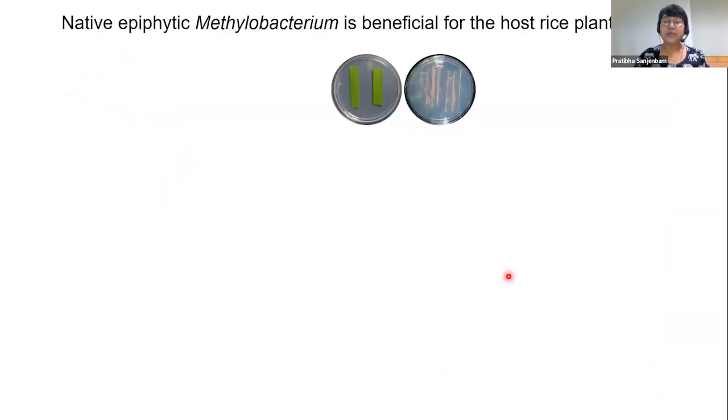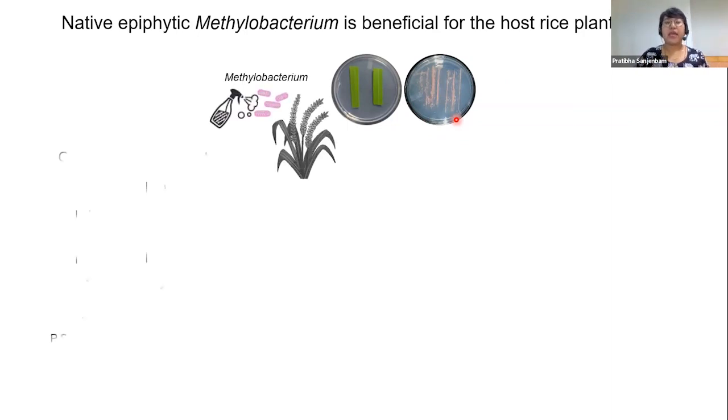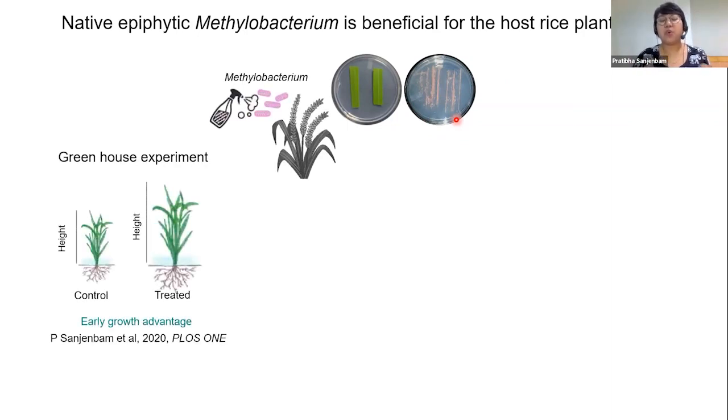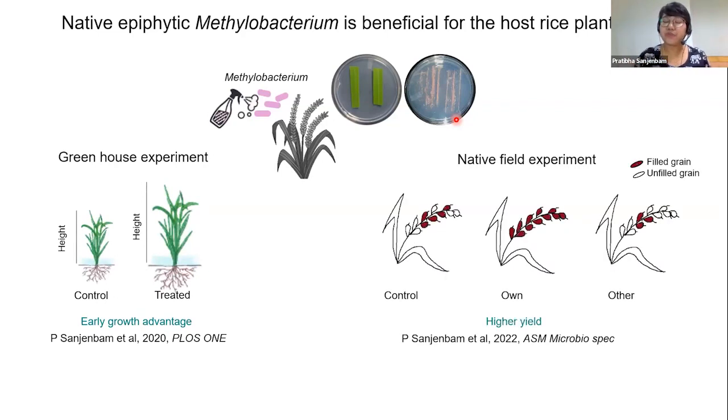And indeed, in my prior work I isolated a specific bacteria, shown in the picture over here. These are called Methylobacterium, and they were extracted from the rice leaf surface. In my experiment I showed that having Methylobacterium with its own host landrace could have tremendous beneficial impact either in the greenhouse experiment or in the native field site.